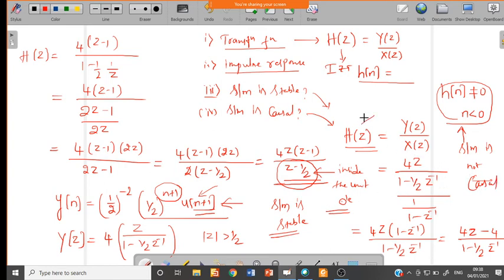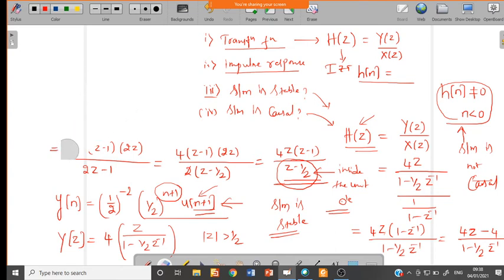Now you can take this H of z we are getting here and get back h of n. Try to do that and you will get back the h of n signal, that is, the impulse response of the system.